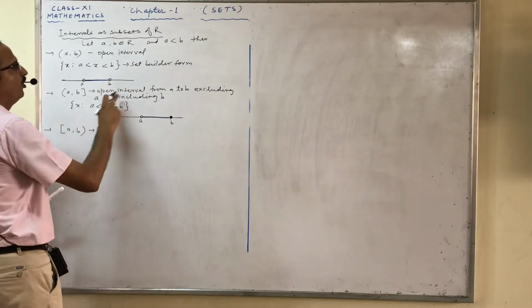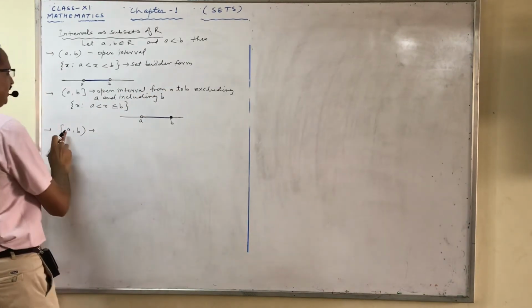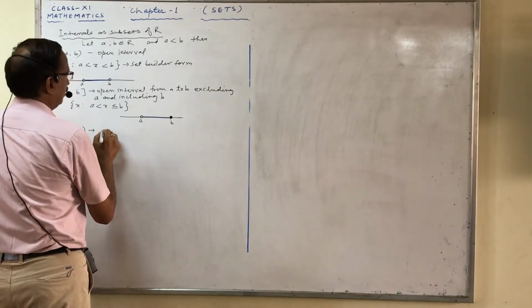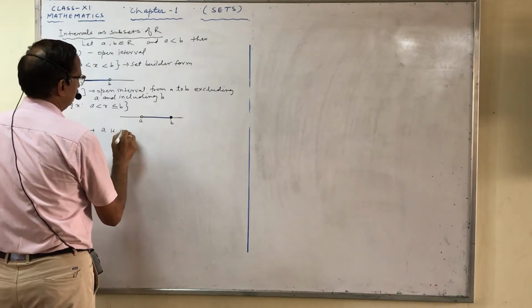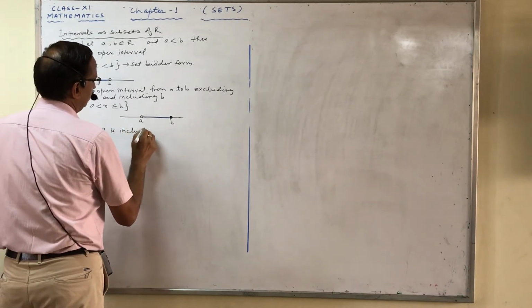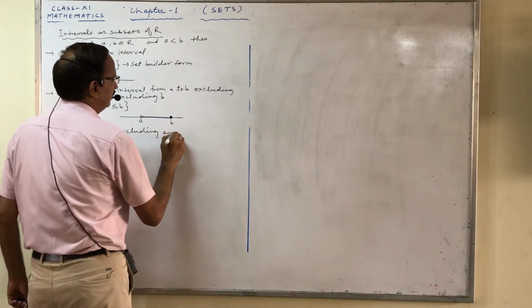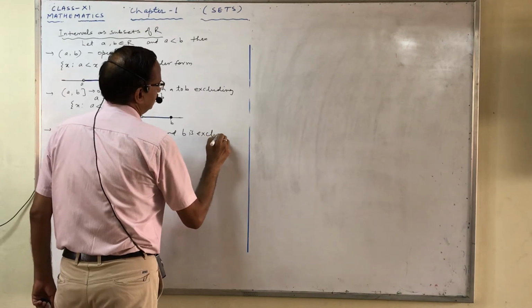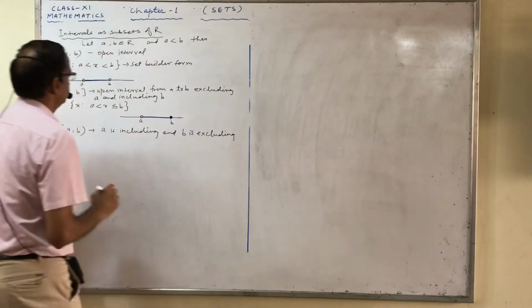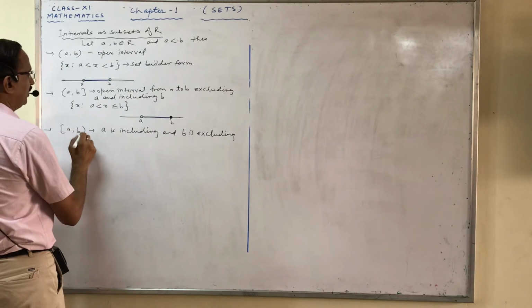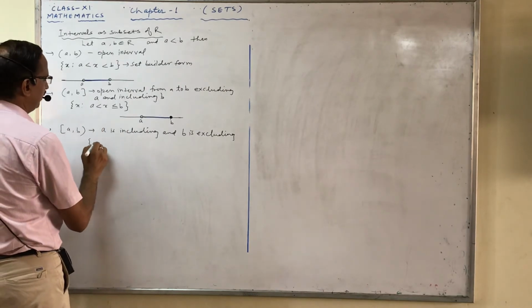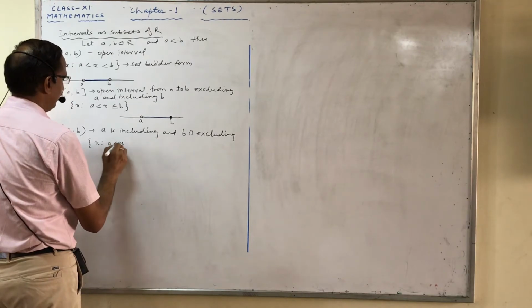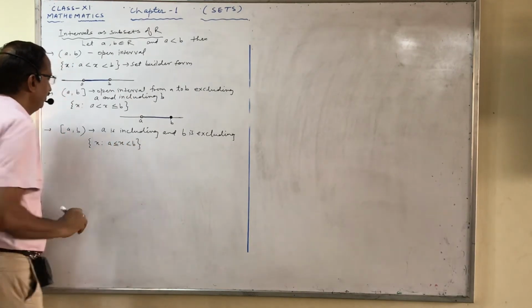Now come to the third one. This is also open interval from A to B, and this A is included and B is excluded. In set builder form, we can write X such that X is greater than equal to A and less than B. Why?